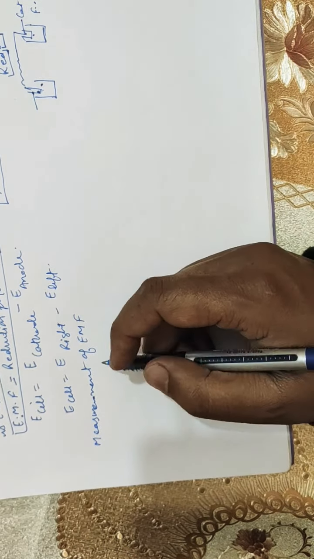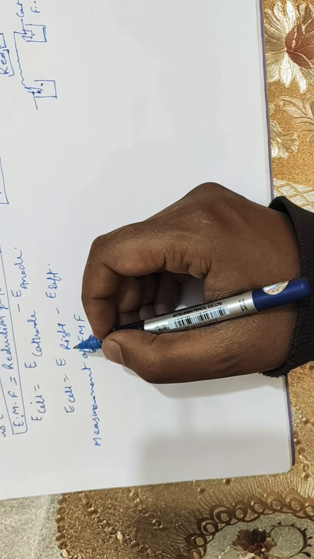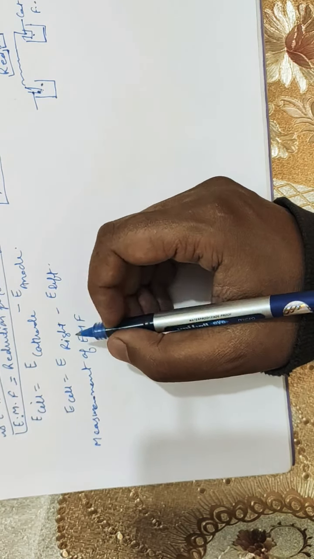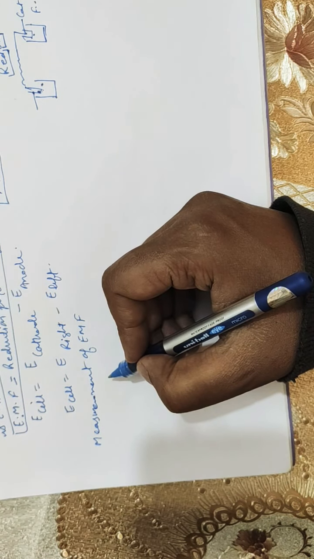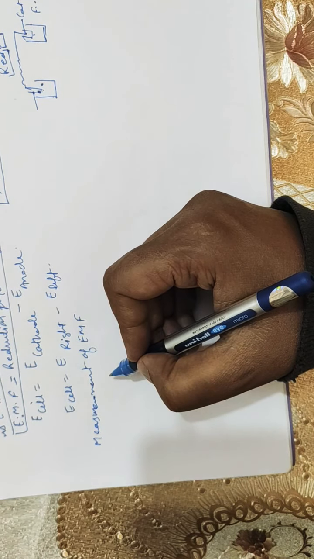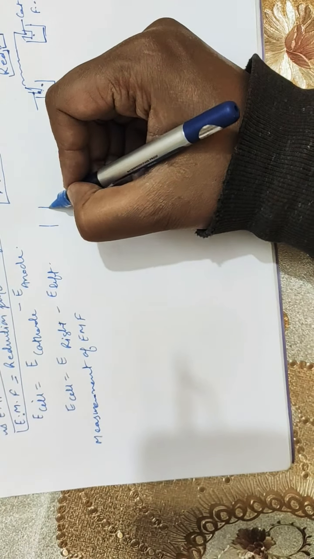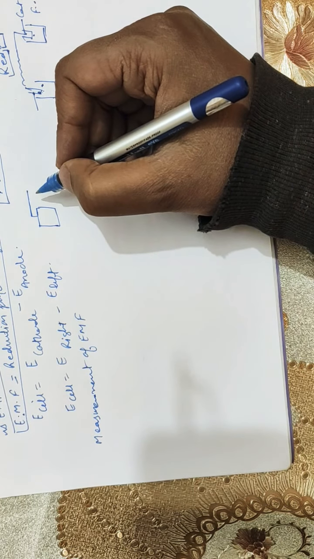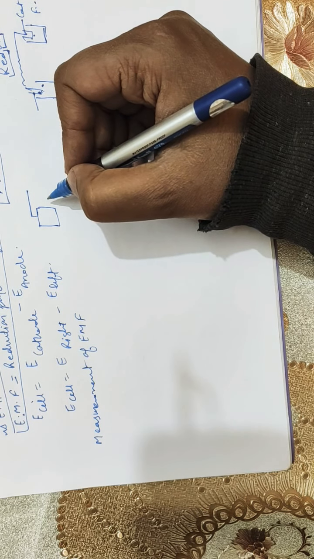A cell is said to be reversible when it is sending out an infinitesimally small current, so that the cell reaction always remains virtually in a state of equilibrium.